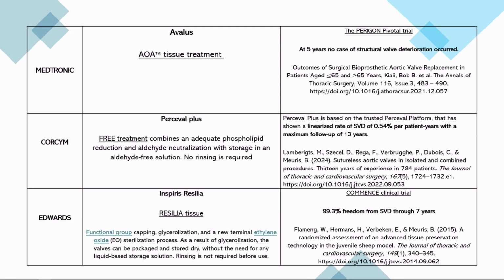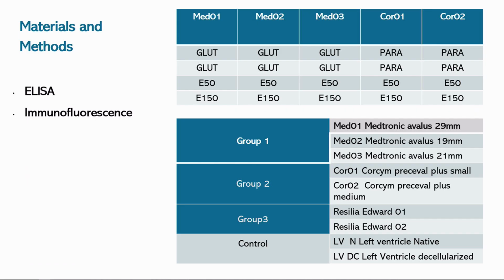We took these 3 different samples: 3 from Medtronic, 2 from Parsival, and 2 samples from Resilia. We used native porcine left ventricle as a positive control, and also a decellularized one.